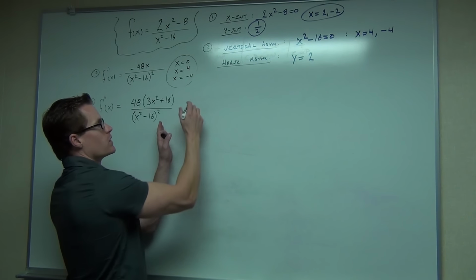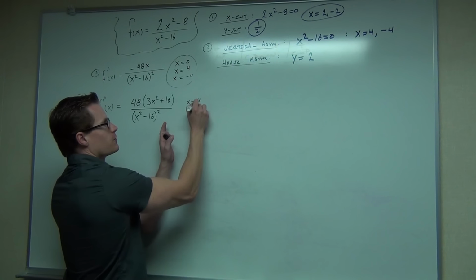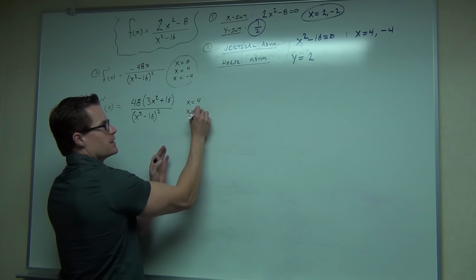And what this gave us was 4 and negative 4 again.